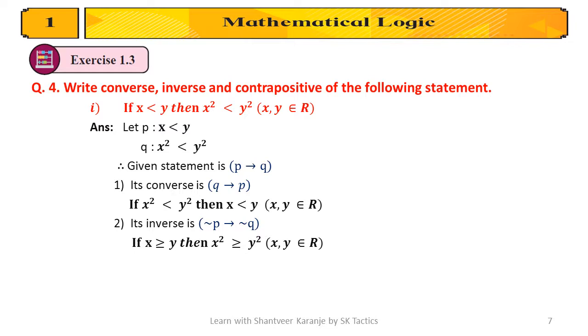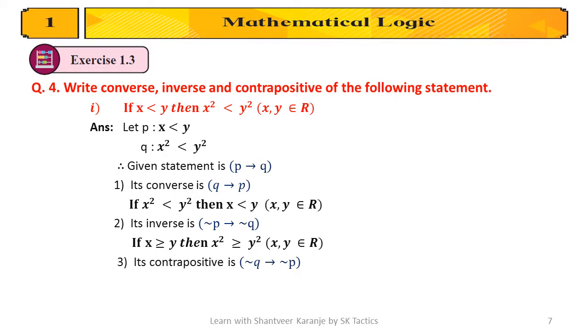The opposite of x less than y is x greater than or equal to y, and negation of Q means the opposite of x square is less than y square, so its opposite is x square greater than or equal to y square. So our final answer is: if x is greater than or equal to y, then x square is greater than or equal to y square. Again, x comma y belongs to R is the common condition.